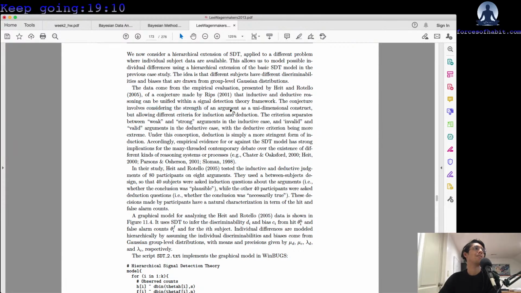I see. So the discriminability of an argument has to do with how good it is. A high signal or high discriminability is reflective of a good argument in this conjecture. So the criterion separates weak versus strong arguments, and invalid and valid arguments.